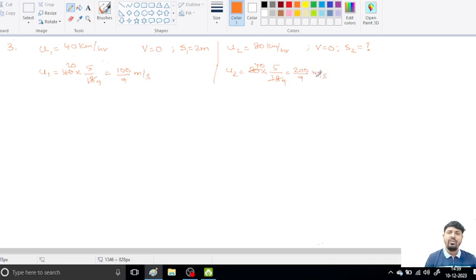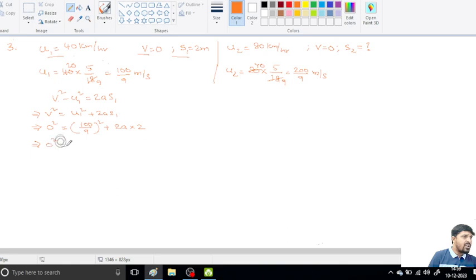So first we will go for v, that formula. We have involvement of u, v and s. That's why we should use the formula v square minus u square is equal to 2as. So here I will write u1, here I will write s1. So v square is equal to u1 square plus 2as1. v square is 0 square equals 100 by 9 whole square plus 2a into s1, which is 2.